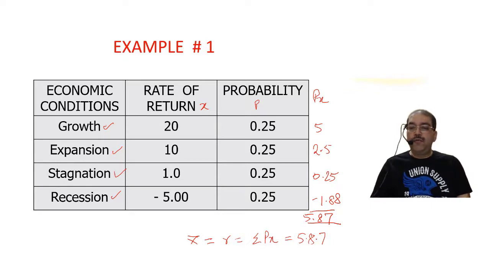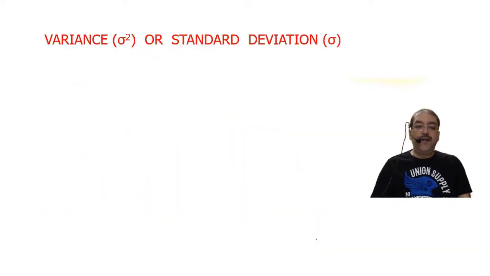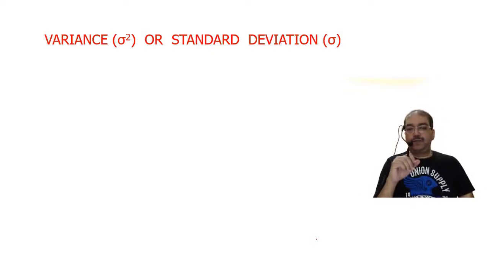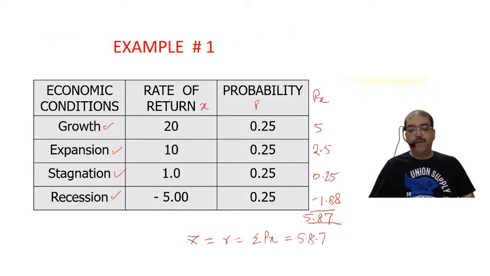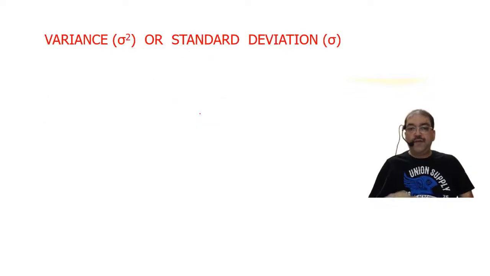Okay. Now let us come to the next concept. This is the average. How do I calculate average? Summation of P into X. Now the next thing is variance, sigma square, or standard deviation, that is sigma. If you go back to the example that I have taken here, what do we find? We find that the values of X start with -5 and go up to +20. That means there is a wide fluctuation. What is standard deviation?